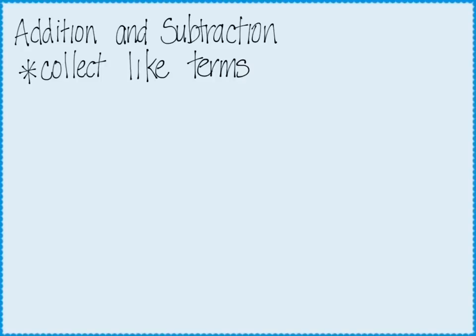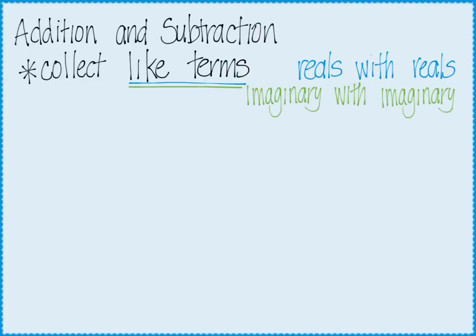The idea is that addition and subtraction, as it always has been, is just collecting like terms. We have a real part and an imaginary part. So reals get added with reals, and imaginaries get added with imaginaries, or subtracted. We're either subtracting our reals and our imaginaries, or adding our reals and our imaginaries, depending on the problem.